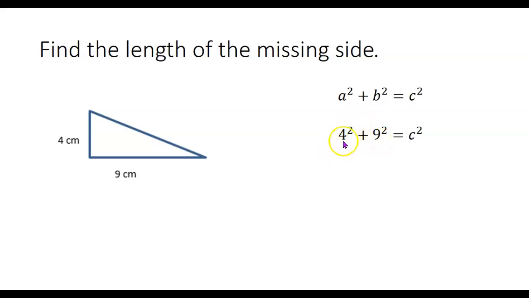So the next thing we do is work out what that is. 4 squared is 16, and 9 squared is 81. So now we're looking at 16 plus 81 equals C squared. Next, we add those two numbers together. 16 plus 81 adds up to 97. So now this says C squared equals 97.